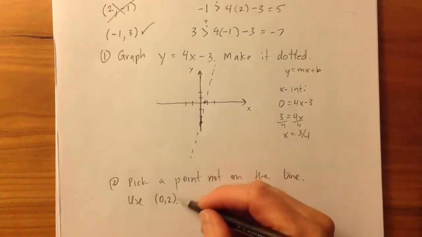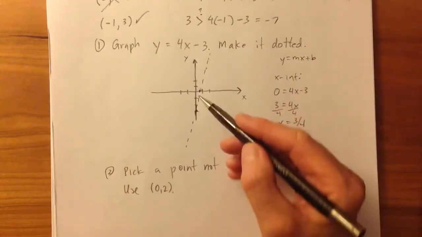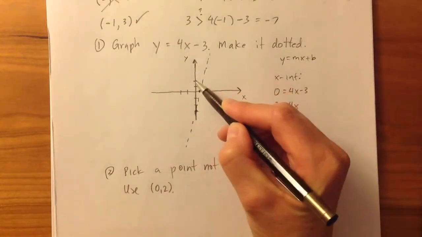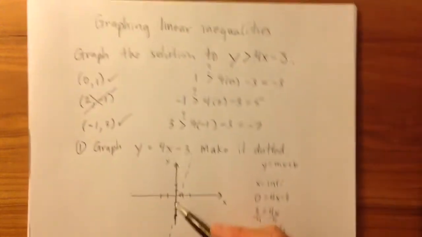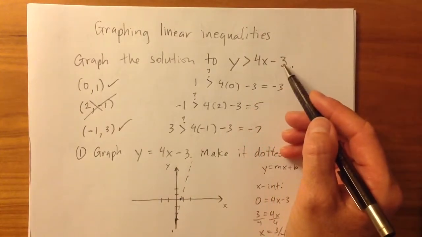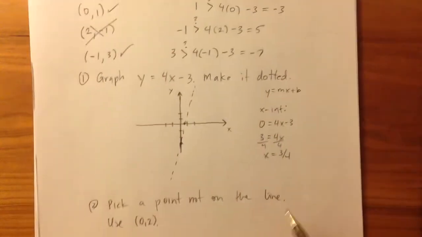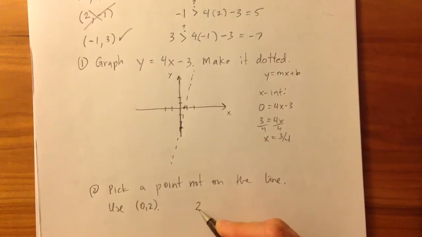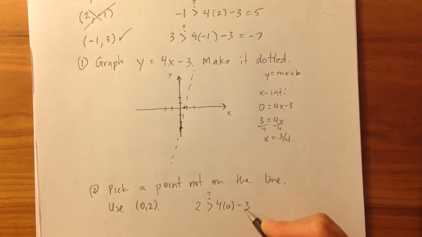If 0, 2 solves the inequality, then the region containing 0, 2 is going to be the region we shade. So let's see. We want to know, is y bigger than 4x minus 3? So we substitute the 2 in for the y and the 0 in for the x. Four times 0 minus 3 is equal to -3, and 2 is bigger than -3.